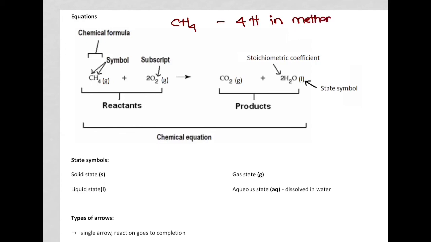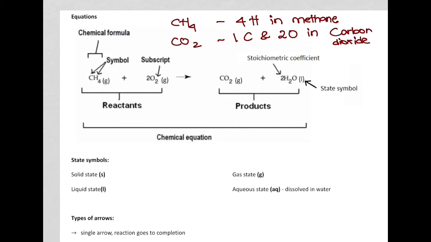So CH4 is methane, so there are 4 hydrogen in methane. Here, CO2, it means that there is 1 carbon and 2 oxygen in a molecule of carbon dioxide. So it's actually showing you how many atoms there are in that particular substance.